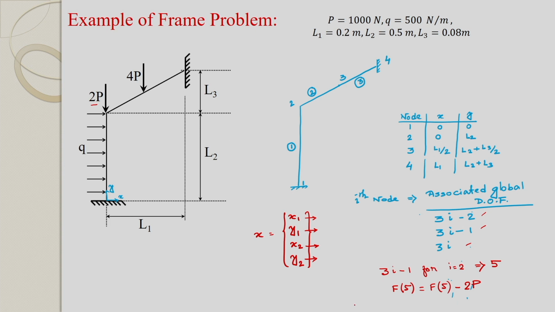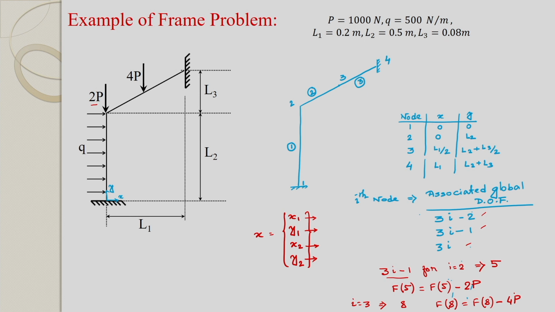Similarly, the 4P will be for i equal to 3. It is also in y direction, so 3i minus 1 will give us 8. Therefore, this load will be added to the global position 8 of the global load vector, and this is also in negative y direction.